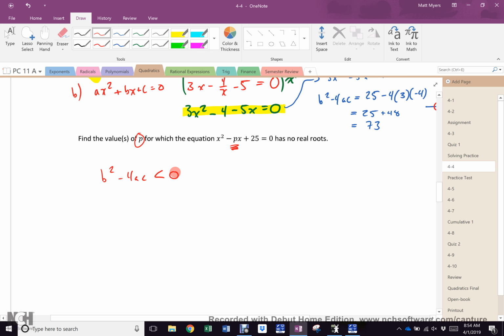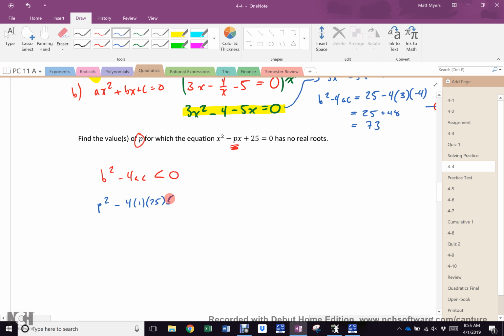Everyone agrees? Okay. What is b squared minus 4ac in this quadratic? What's b? P. So p squared minus 4 times what? What's a? 1. And what's 25?